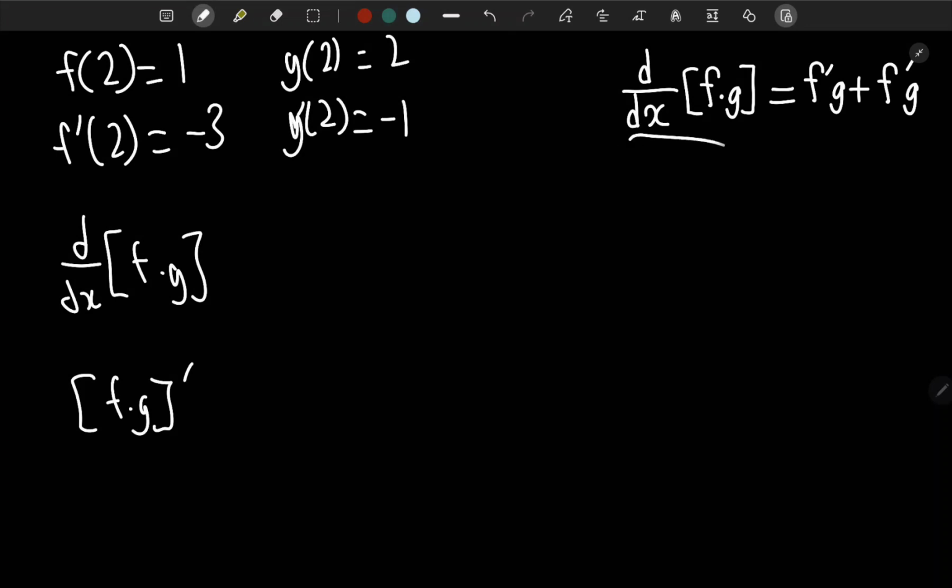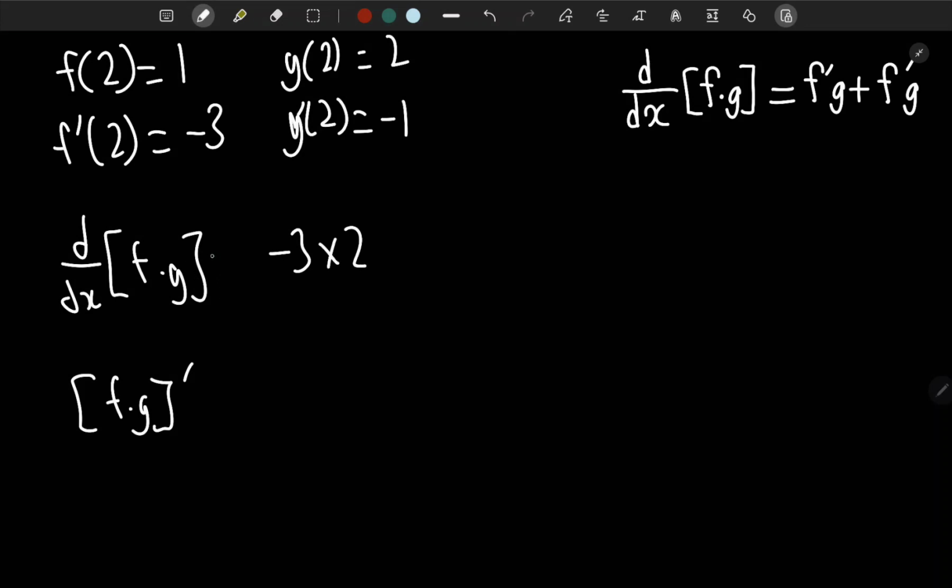So we know that the formula is right here, and the formula states that you need to do f prime g plus f g prime. So here we have the values, all we need to do is multiply them and get the answer. So f prime here is negative 3, g is going to be over here, which is 2, times 2.